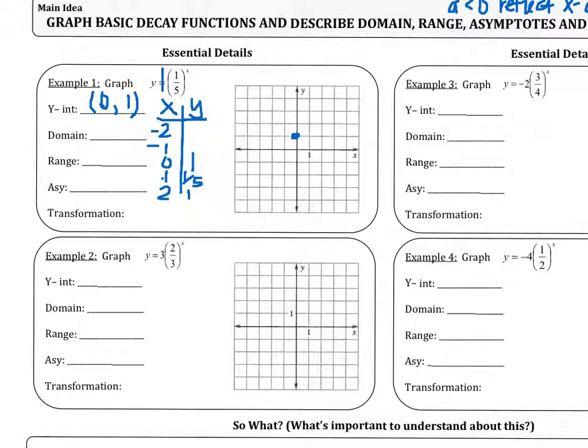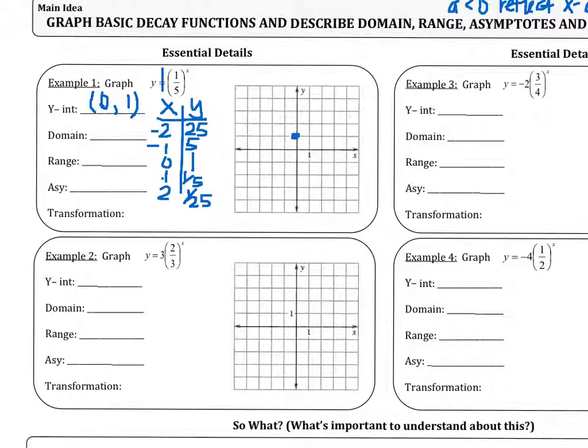So 1 squared is 1, 5 squared is 25, so it's 1 over 25. Negative exponents do the reciprocal, so 1/5 to the negative first means it's 5 over 1, or just 5. And again, for -2, you take the reciprocal and then you square it, so I get 25.